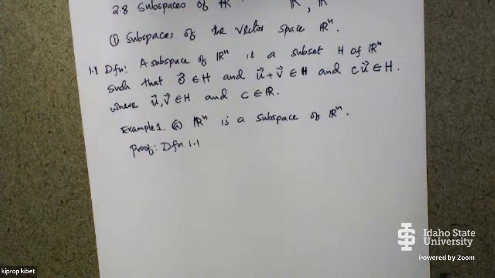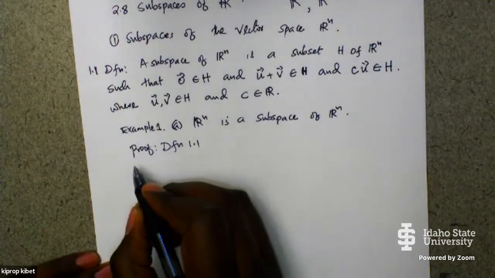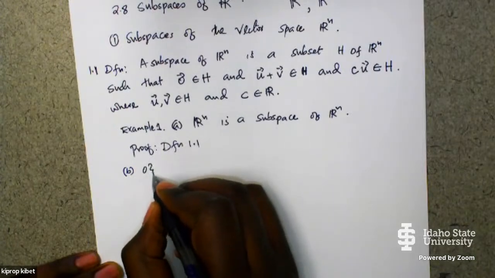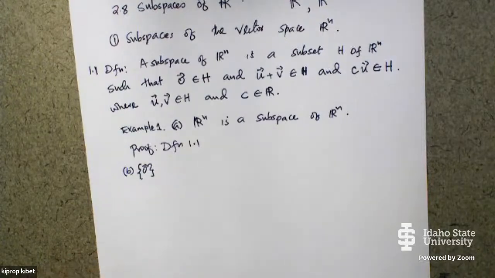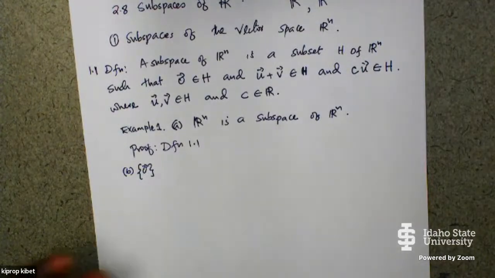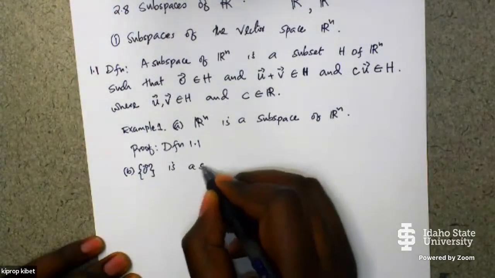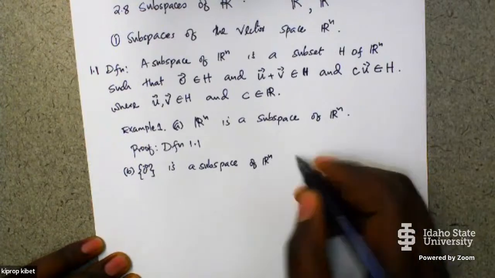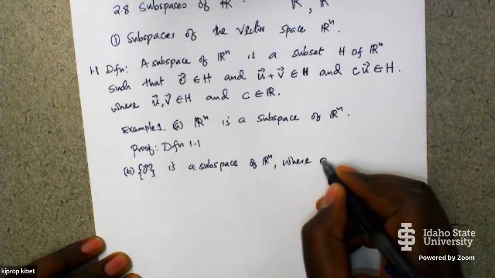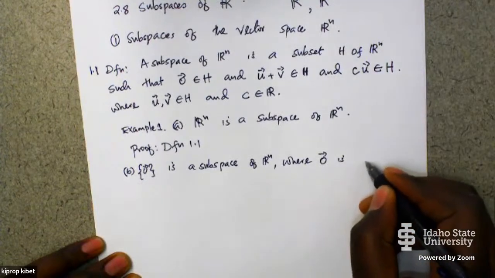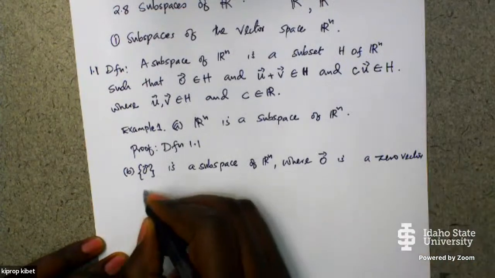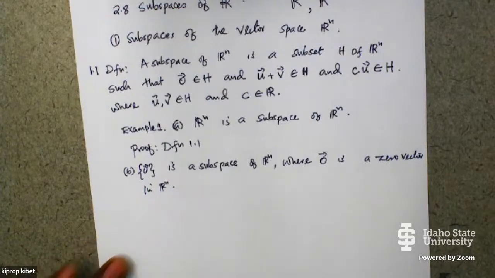Number B, the zero vector is also a subspace of Rn, where 0 is a zero vector in Rn.